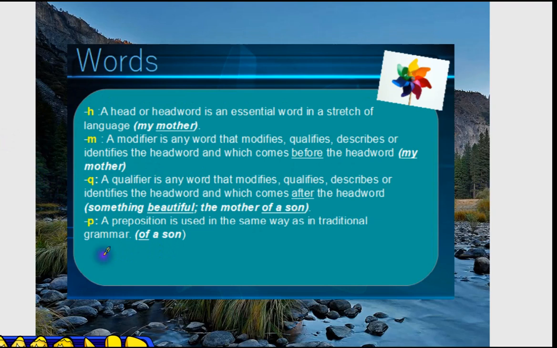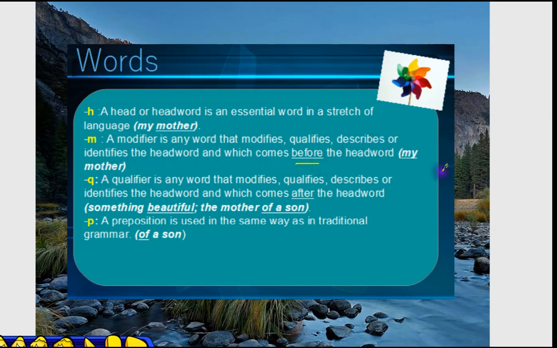Here are some of the meanings, and there is something to point out here. H is the head or the head word, okay? M is a modifier. So look at this definition: any word that modifies, qualifies, describes, or identifies the head word. And the head word is a noun, so that's an adjective. It comes before the head word.